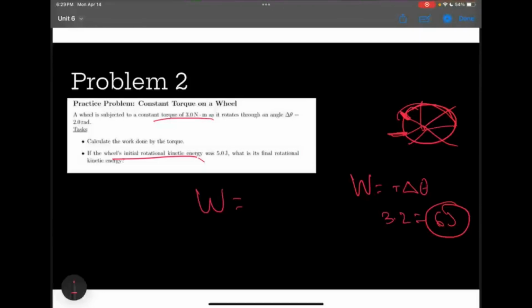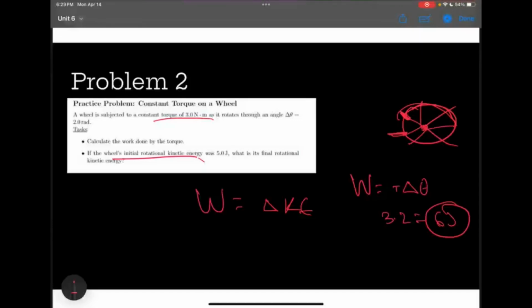We know that work is equal to the change in net kinetic energy. Here we're only moving rotationally, so it's only going to affect the rotational kinetic energy, because there is no translational kinetic energy; this wheel is assumed to be moving at some constant speed translationally or just at rest.